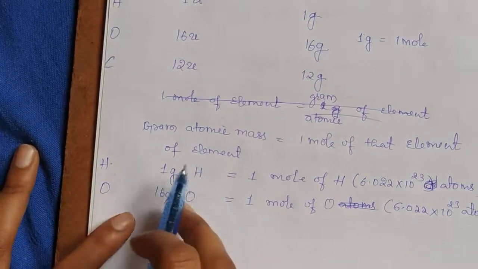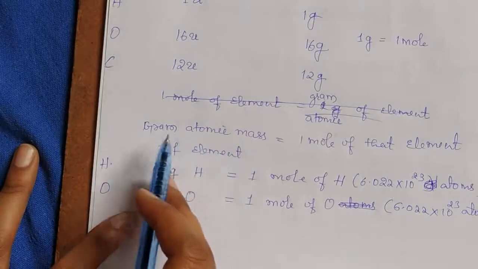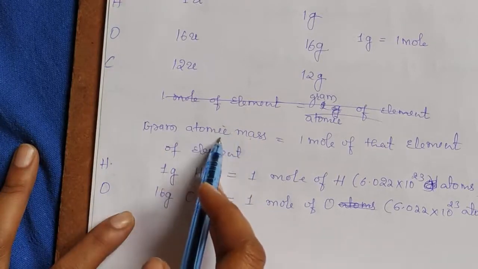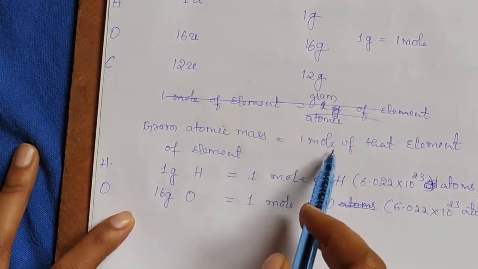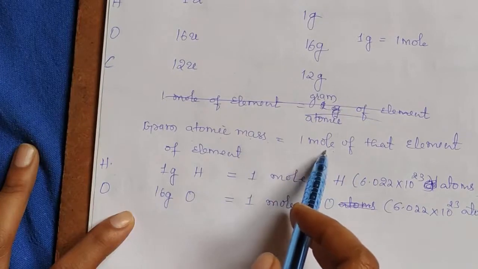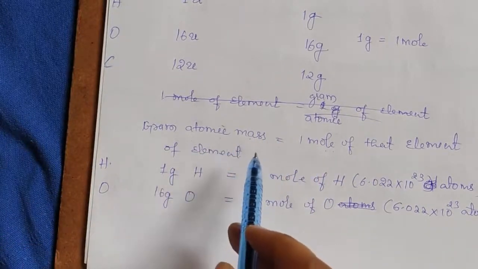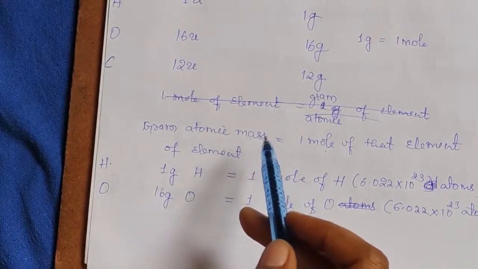Children, we are correlating the gram atomic mass, that is, mass of atom in terms of gram, with the amount of substance in terms of mole. So this relating concept is very important during the calculation of number of moles.